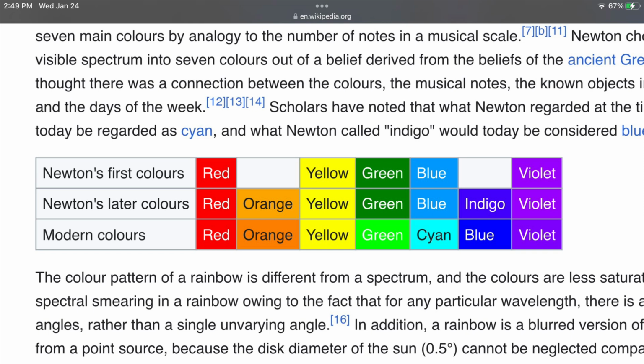But this went into the English language, where the English word for cyan comes from the ancient Greek word for blue, which they were actually describing cyan, but they were describing it as the color of the ocean. But in most places, the ocean is blue, or at least close to blue. So that's where the misconception comes from.